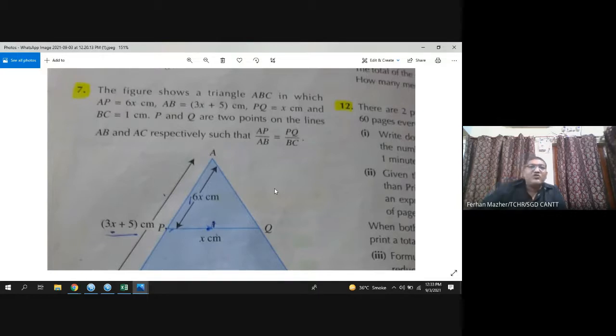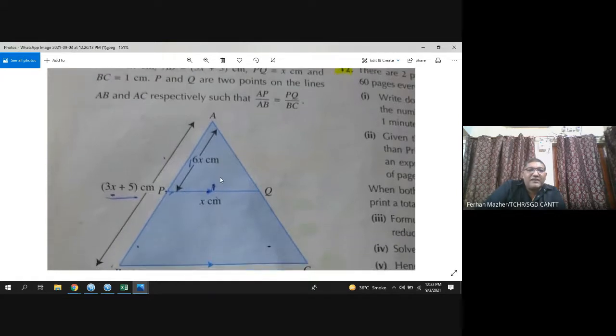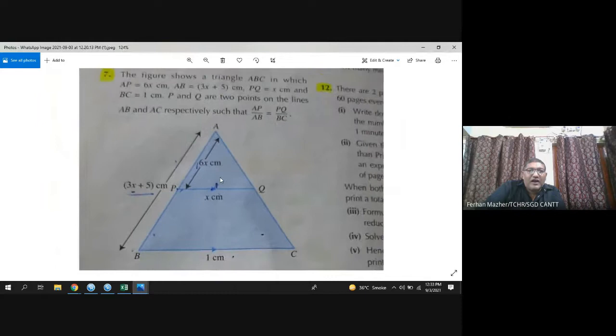The PQ side is x centimeter and the BC is 1 centimeter. P and Q are 2 points on the lines AB and AC respectively, such that the ratio AP to AB is equal to the ratio PQ to BC.